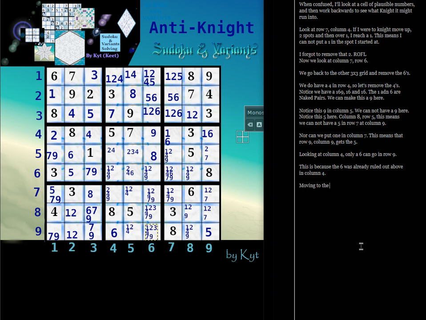Moving to the far left 3x3 grid, I only see one spot for the 6.